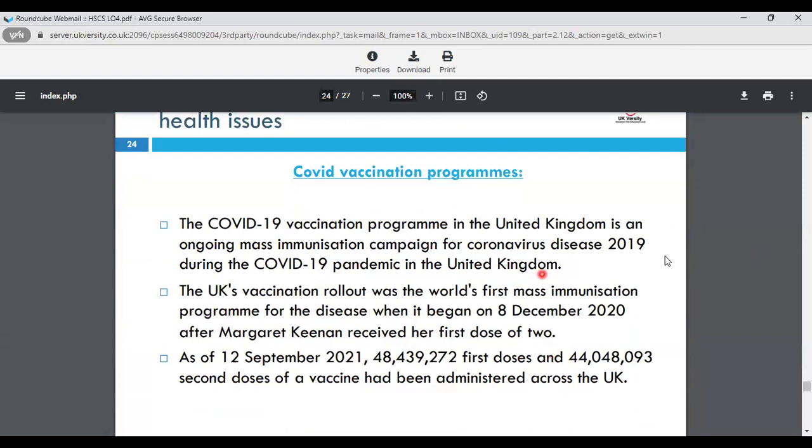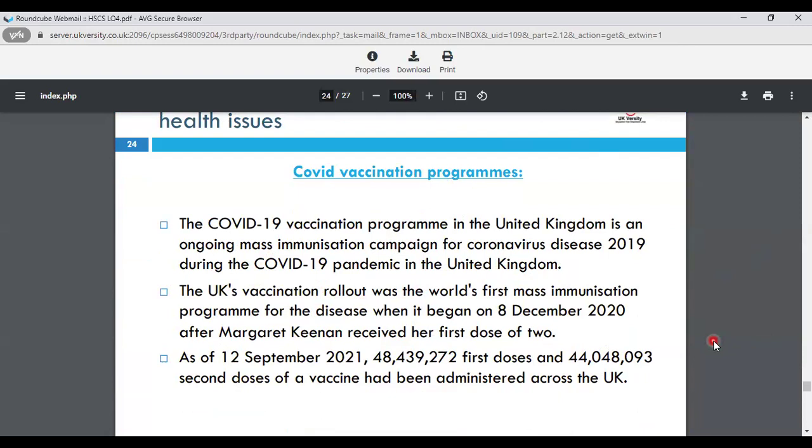The COVID-19 program, obviously from 2019, was a mass immunization campaign within the UK. The UK's vaccination rollout was the world's first mass immunization program for the disease, which began on 8th of December 2020 after Margaret Keenan received her first dose of two vaccines.